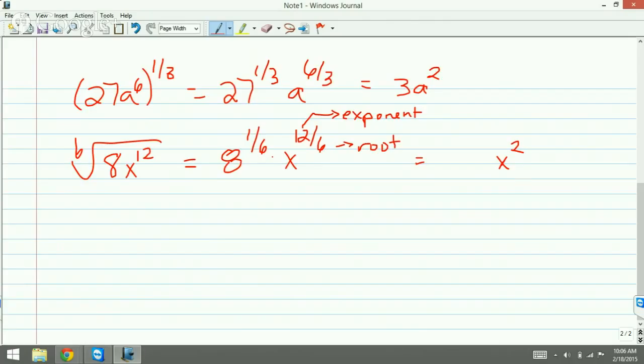Can I change the 8 into a base of 2? 8 is 2 cubed, right? 2 cubed to the 1/6 is 2 to the 1/2, which is the square root of 2. So sometimes you're going to have to manipulate those to simplify it.